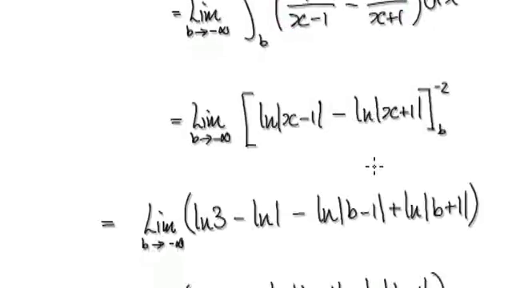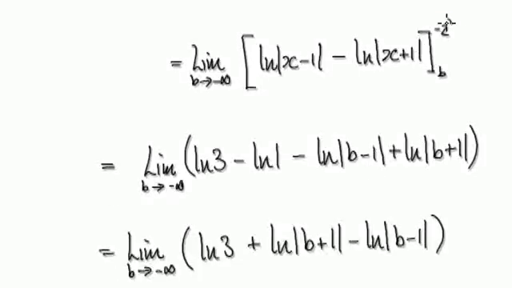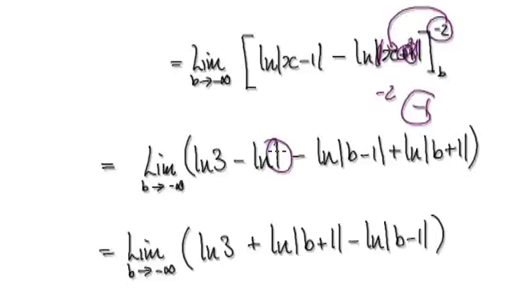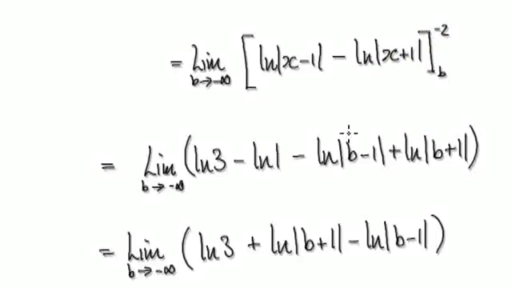So now it's just a matter of putting -2 into here. This whole thing will be -3, but because we've got the absolute value, that will give us +3. And then put -2 into here. -2 plus 1 would be -1, but because we've got the absolute value, it will be natural log of 1.